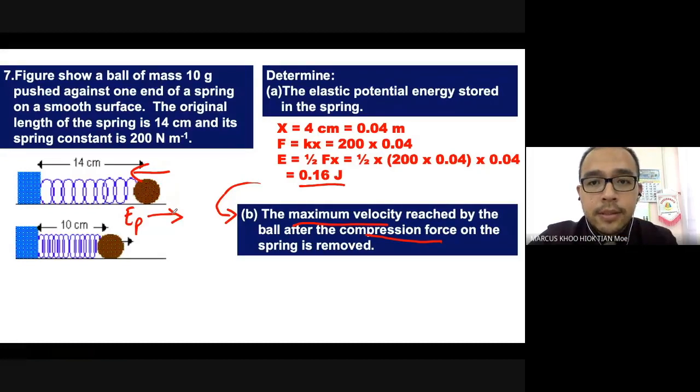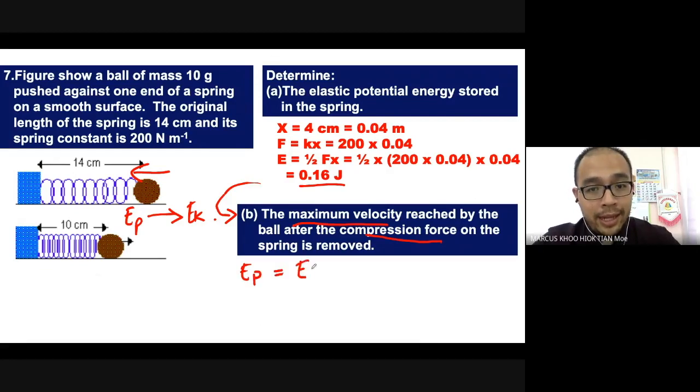Okay, it will change to kinetic energy. So our starting point for this question will be the elastic potential energy equals the kinetic energy. Who remembers the formula for kinetic energy? 1/2 mv squared. And our elastic potential energy is 0.16.